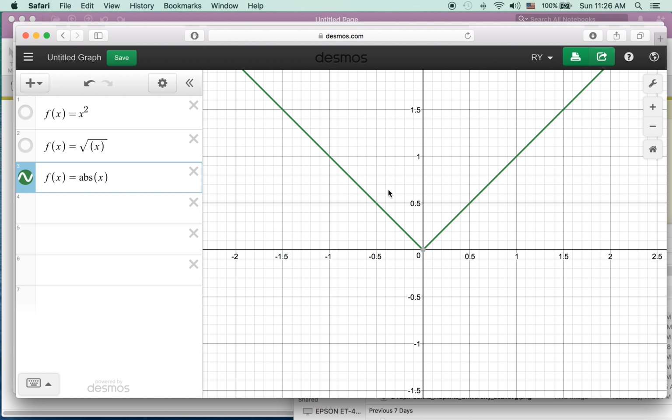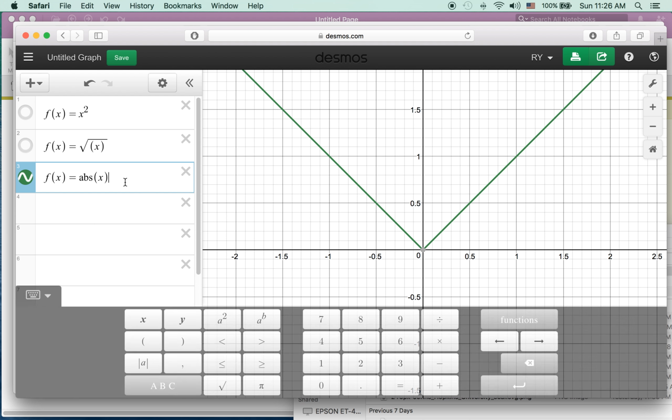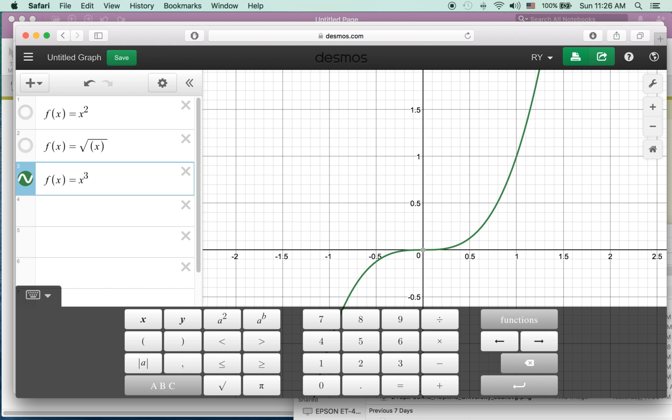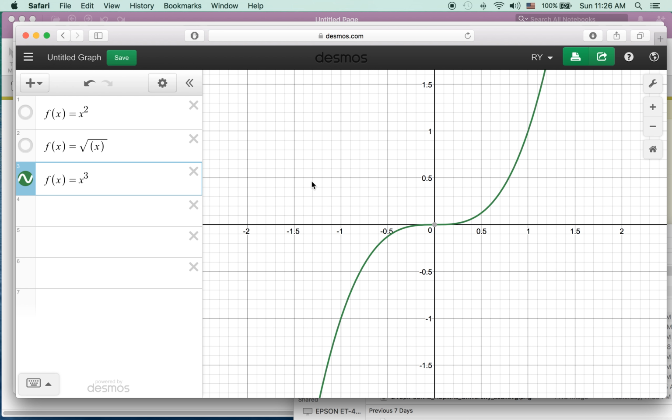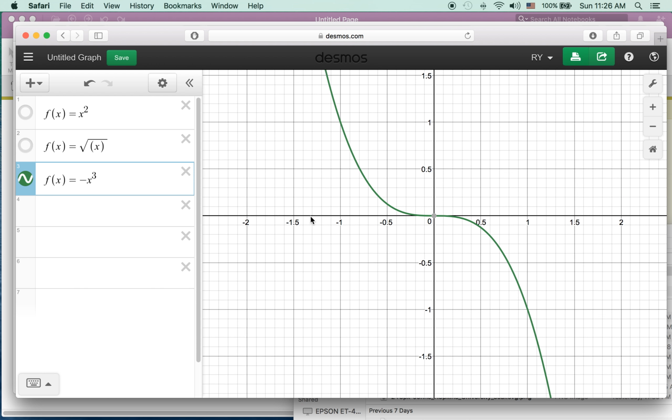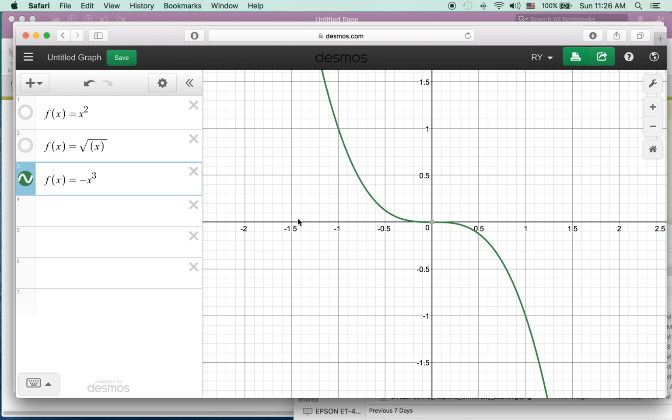So let's look at some functions that do pass the horizontal line test. Let's look at x cubed. This is a one-to-one function. Let's multiply it by -1. This is a one-to-one function. What you'll find about one-to-one functions is that they are either increasing or decreasing throughout the domain.